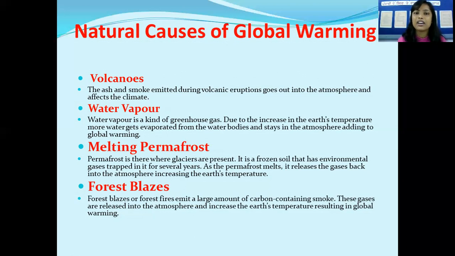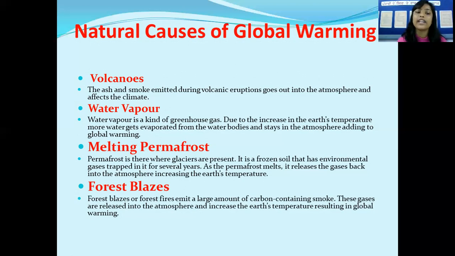Glaciers are the frozen rivers, sometimes we call them. So as the permafrost melts, it is adding those trapped gases into the atmosphere, and it is also increasing the sea levels, which is again increasing the evaporation. And also you see it is a kind of positive feedback effect.